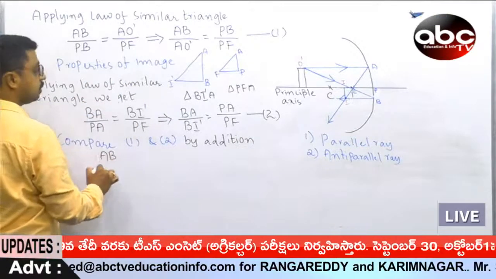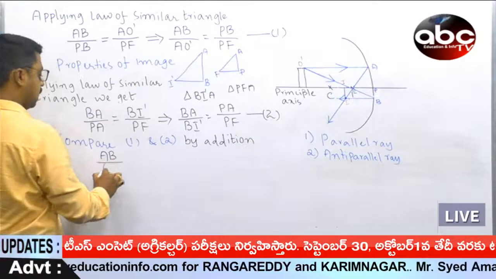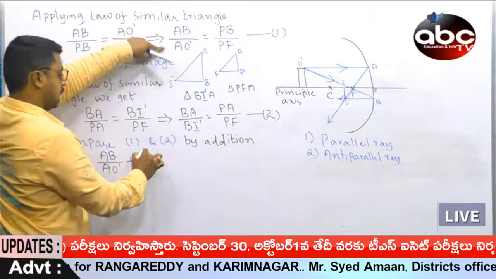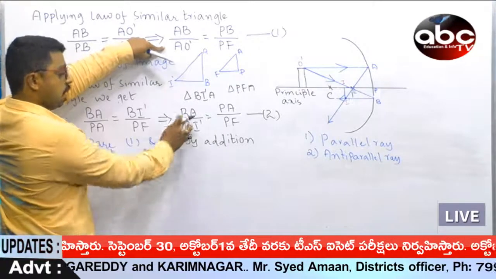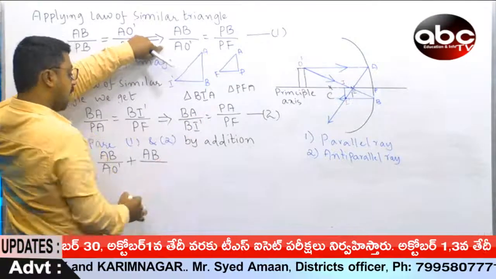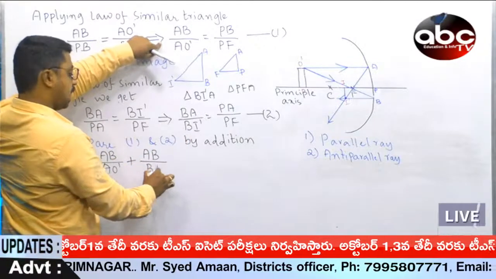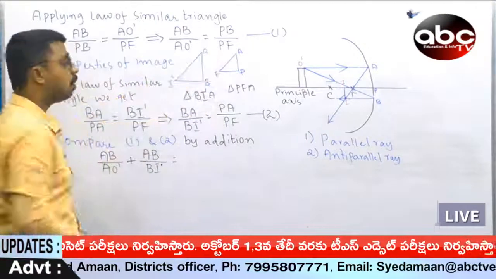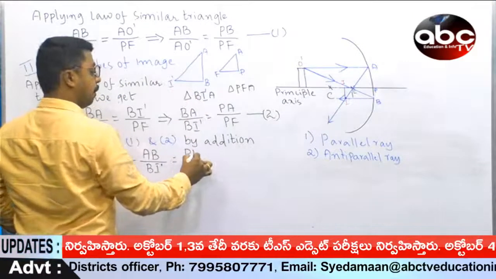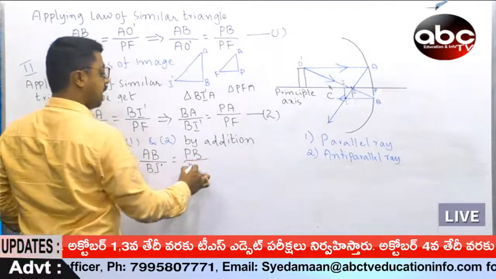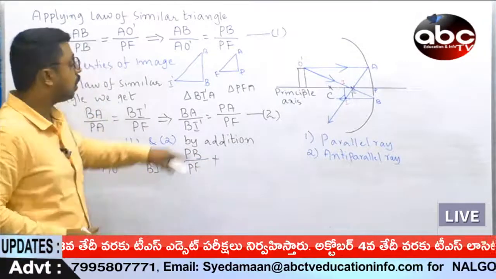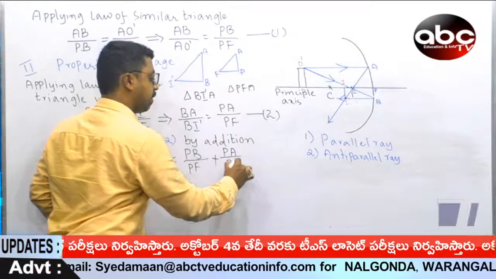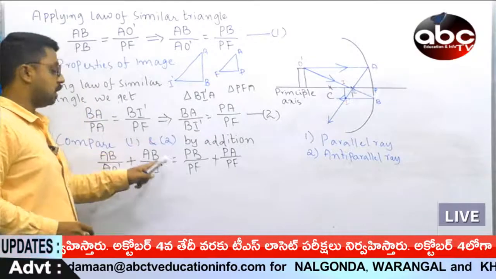AB by AO dash, LHS added to LHS, again AB or BA, whatever you want to write, by BI dash is equal to the RHS part: PB by PF plus PA by PF. We are going to solve this one.